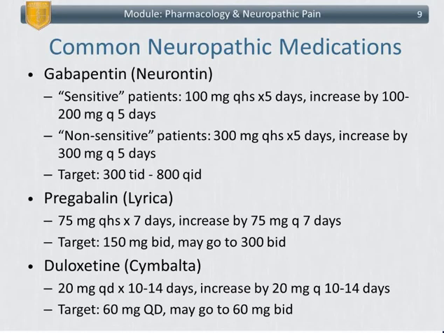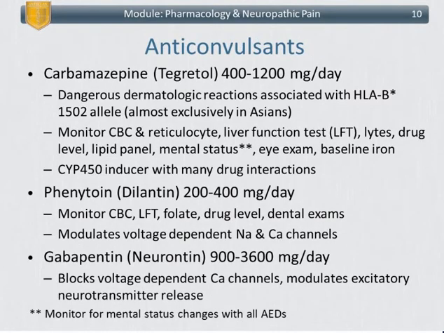So the common neuropathic meds are gabapentin, pregabalin, and duloxetine. And I give here some standard dosing schedules and target doses for these medicines. Among anticonvulsants, not so commonly used is Tegretol, or carbamazepine.